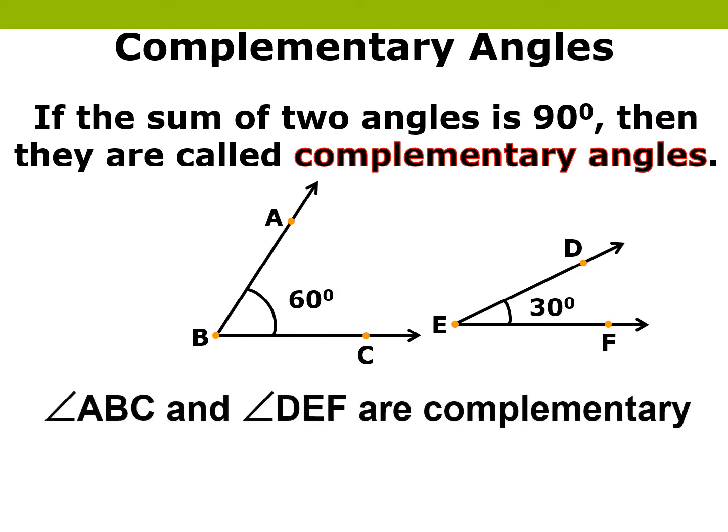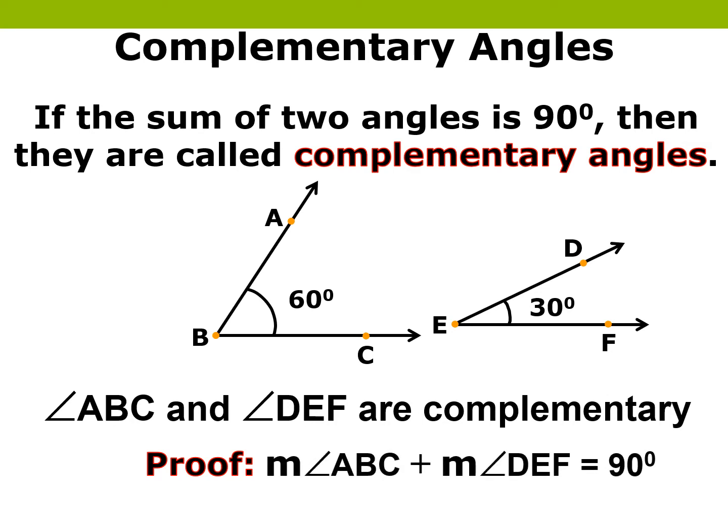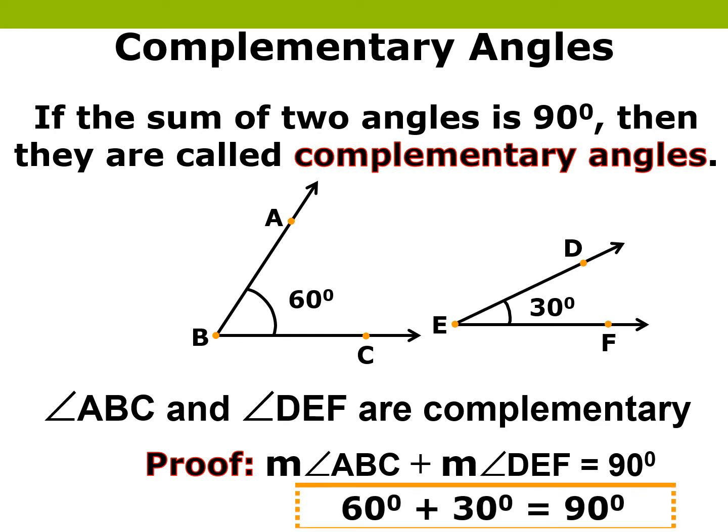Angle ABC and angle DEF are complementary because the sum of their measures is 90 degrees. Proof: the measure of angle ABC plus the measure of angle DEF is equal to 90 degrees. So 60 degrees plus 30 degrees is equal to 90 degrees.